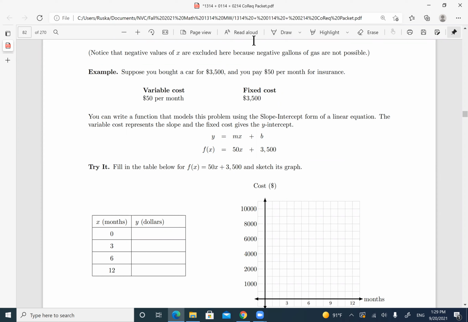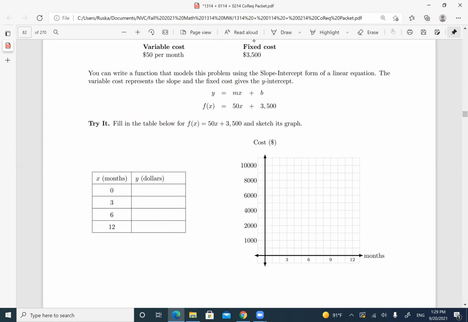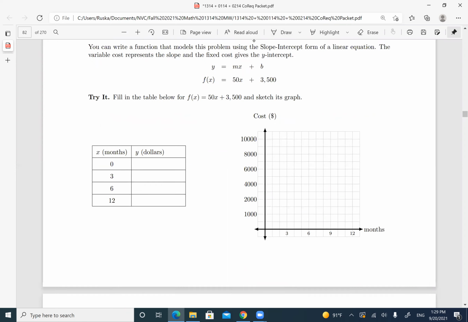And then the equation of the cost function is going to be f of x equals 50x plus 3,500. And if you have this function given, we can fill the table, and also we can sketch the graph.